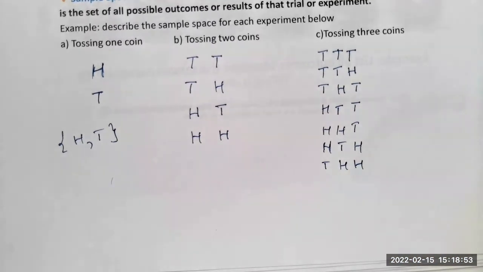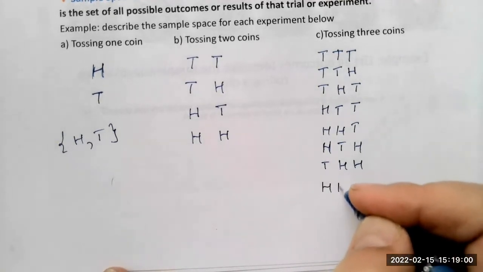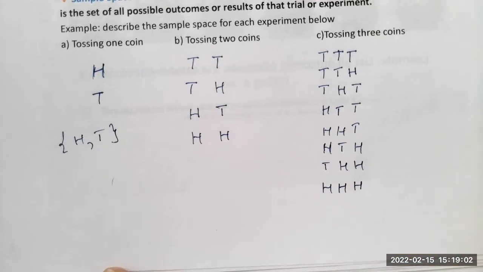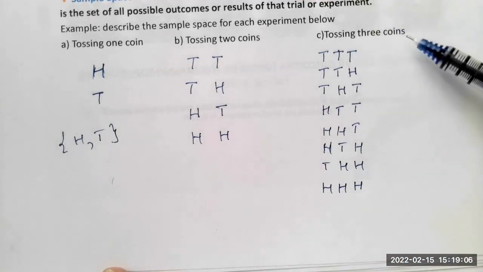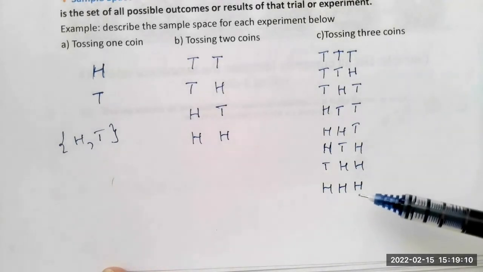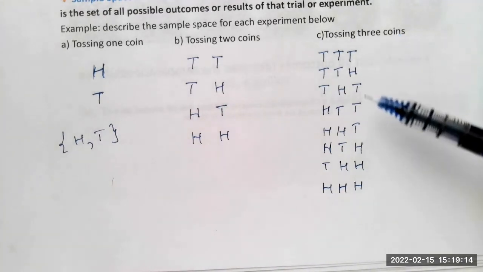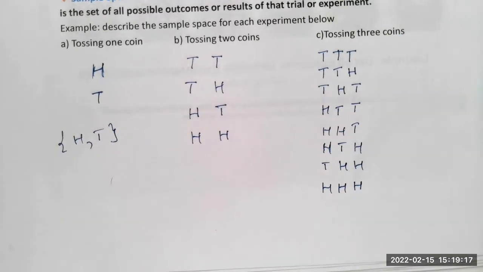And one more possibility that we have not described yet is when all 3 tosses end up in heads. So for the sample space of 3 tosses, we're going to have 8 possibilities. The sample space consists of 8 possible values.